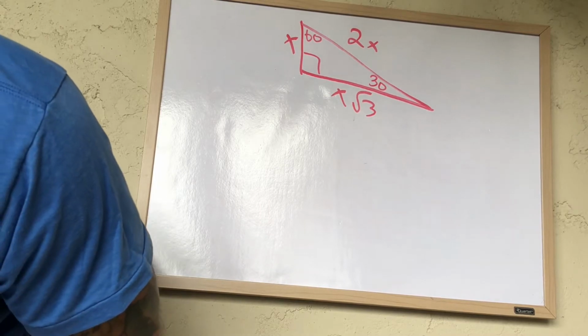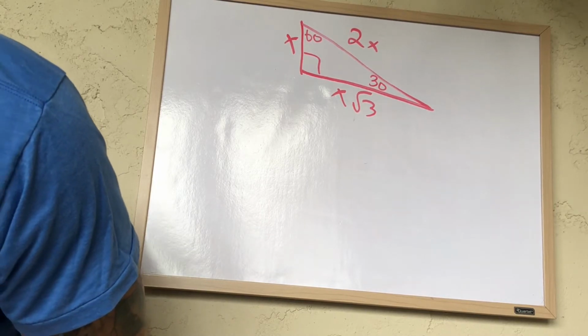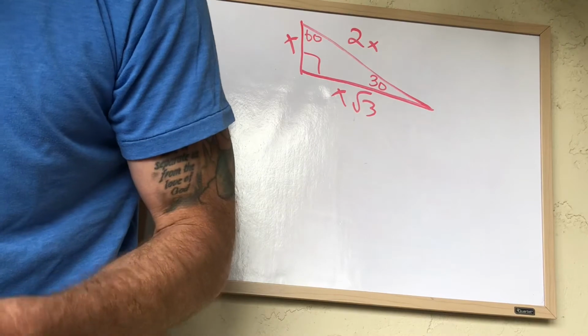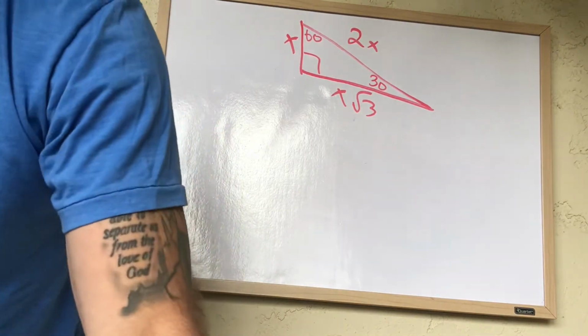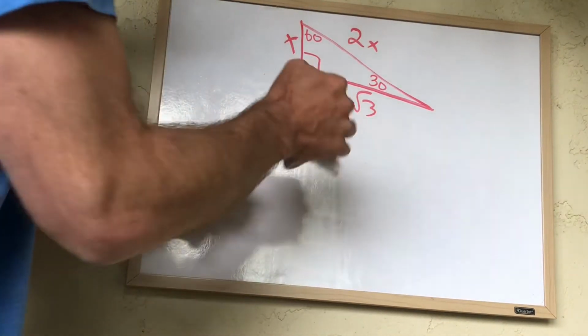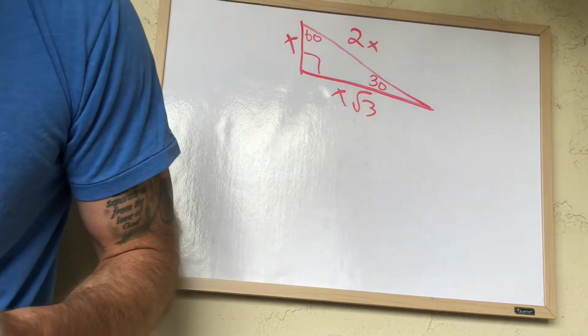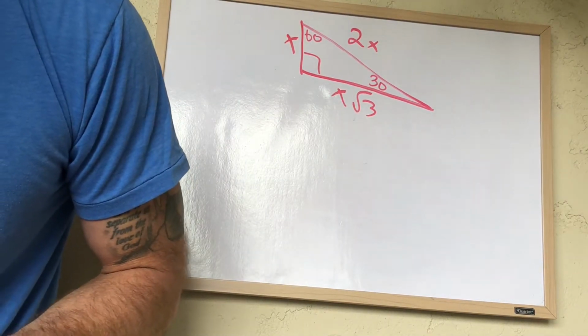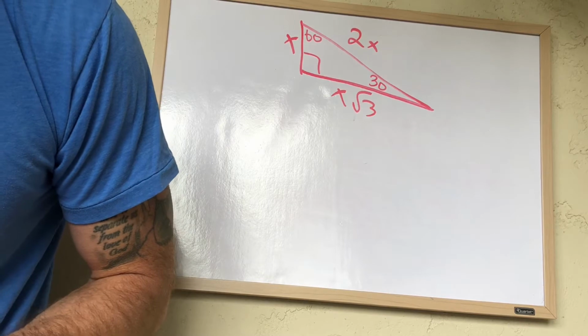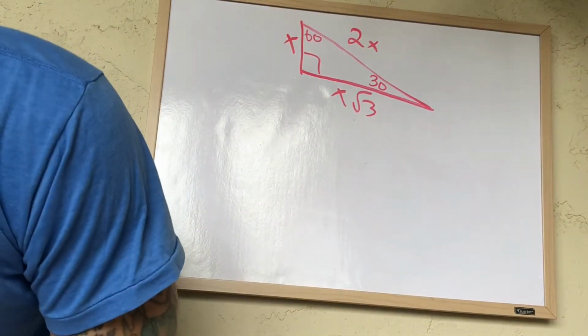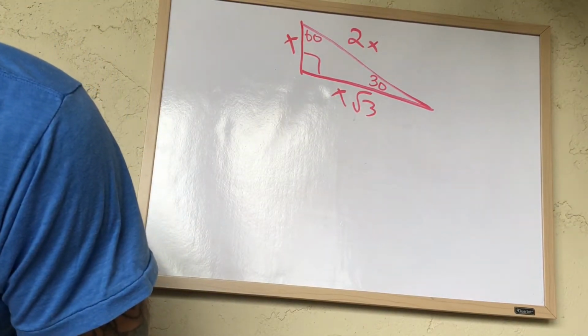All right, I'm going to go down to number 7 now since I'm talking about 30, 60, 90 degree triangles. On your quiz, number 7 says, which of the following sides cannot be the length of a 30, 60, 90 degree triangle?